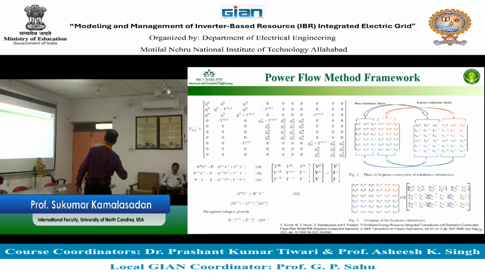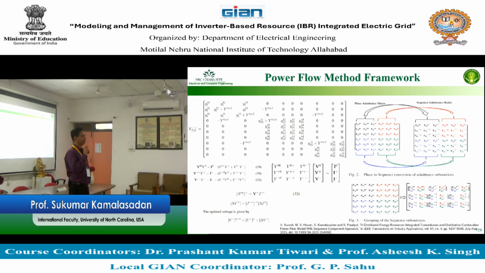Then you get the phase to sequence submatrices, and you put those in here. So these are the sub-representations of each of those. Now you don't do everything in sequence, and most likely you don't do everything in phase, because running the transmission network in phase is a challenge. So you always go the other way around.